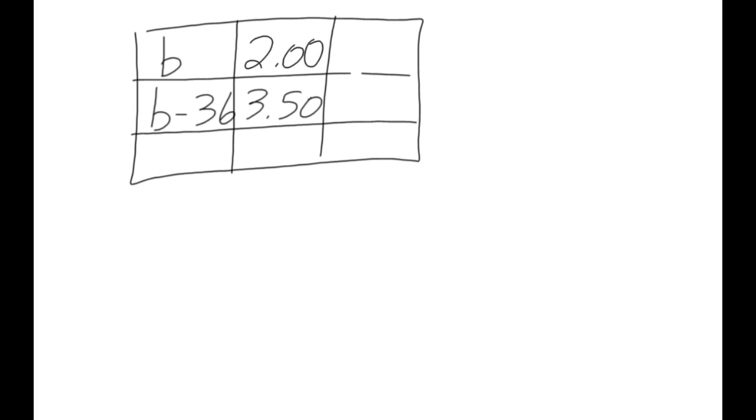And it also tells me that I'm going to have 281 total sales. Okay? So I get 2B here. This is going to be 3.5B minus the 36.